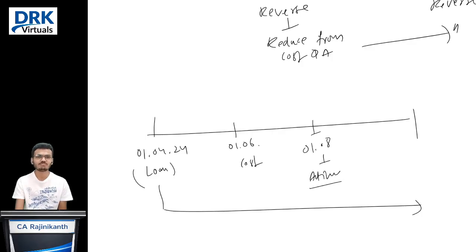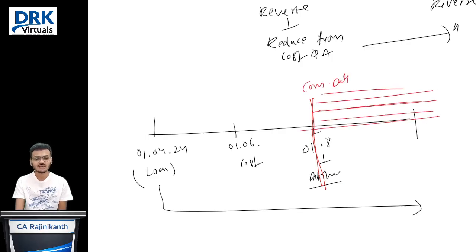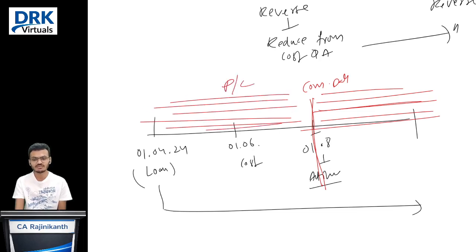For example, we applied to the government authorities for getting permission. So out of all these dates, on which date are all three conditions satisfied? On 1st August. 1st August is the date on which all conditions are satisfied. So this is the commencement date. From this date, you can capitalize borrowing cost. Before this, whatever interest cost we incurred, you charge to profit and loss account. That is what the standard is saying.